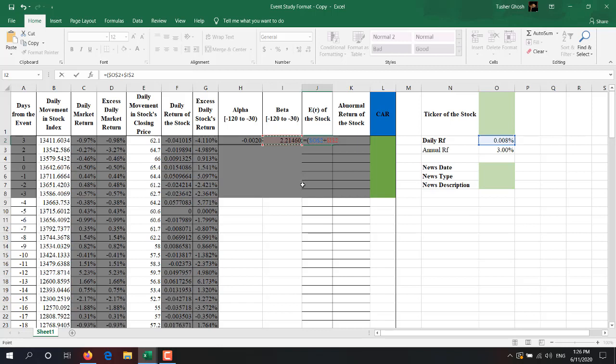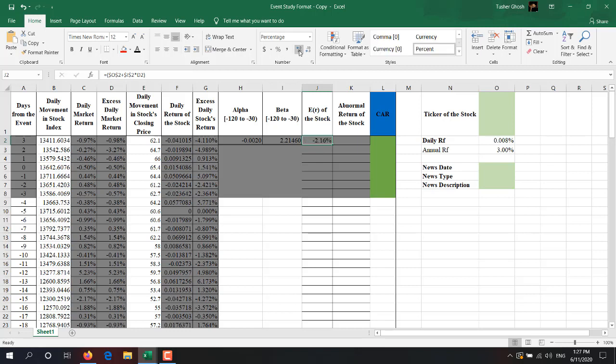Just press F4, and we want to multiply it with the market risk premium, which is actually the excess daily market return. So select this one, but we don't want to lock this one, so close the bracket and press enter.